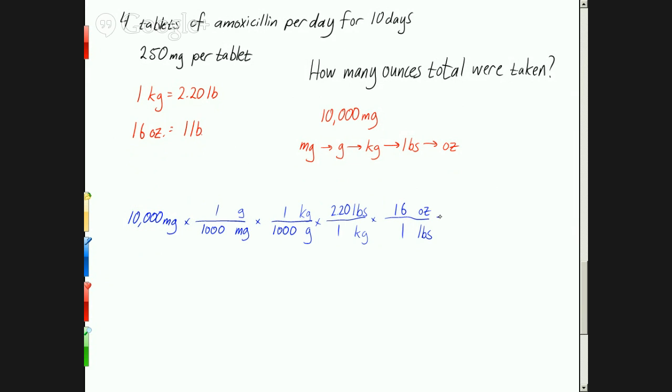When I punch this in, I'm going to take 10,000 divided by 1,000 divided by 1,000 again. Then multiply by 2.2, multiply by 16. And what do you get? That doesn't seem right.